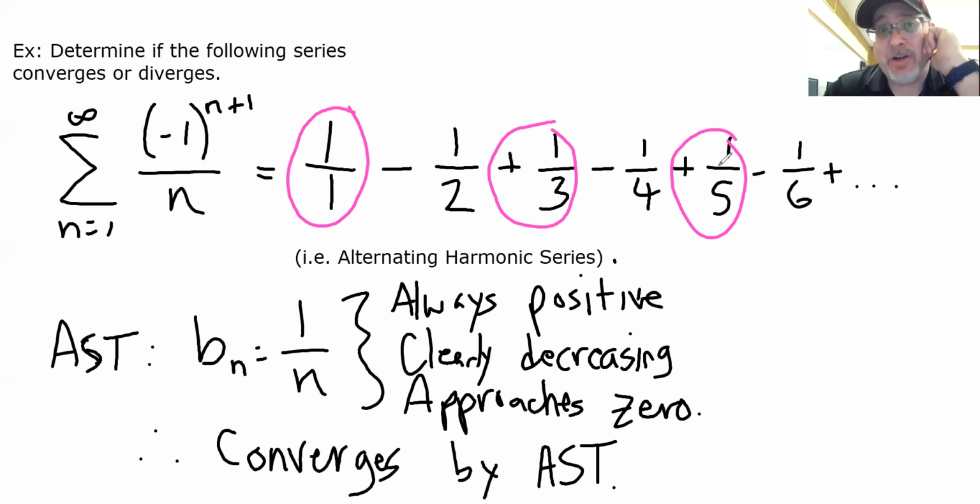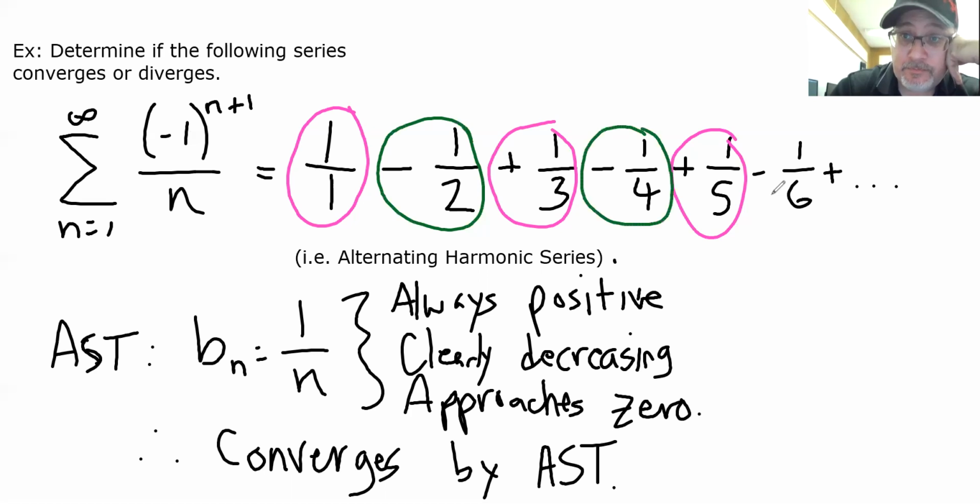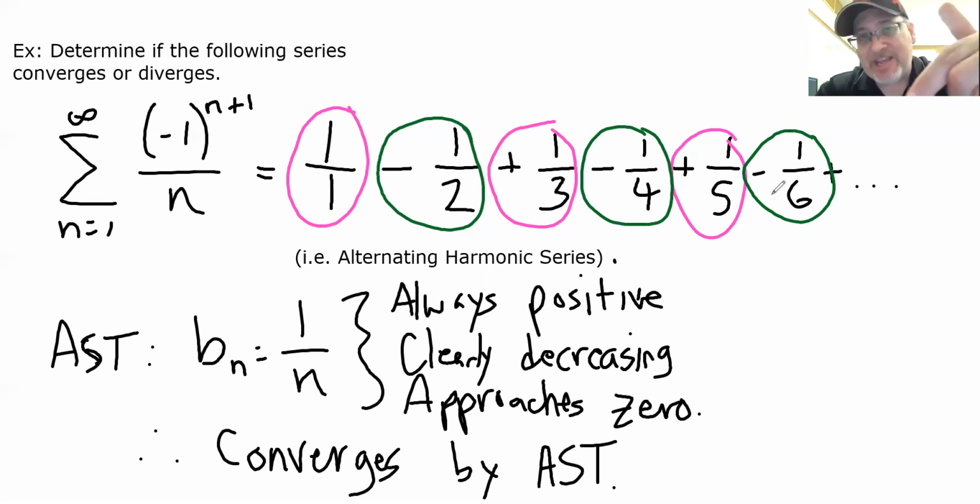So the positive terms by themselves diverge to positive infinity. The negative terms, if we ignore the negatives for a second, is also a harmonic series because its reciprocals are 2, 4, 6. It's an arithmetic series with a common difference of 2. So as a harmonic series, it diverges, but as a negative harmonic series, it diverges to negative infinity.